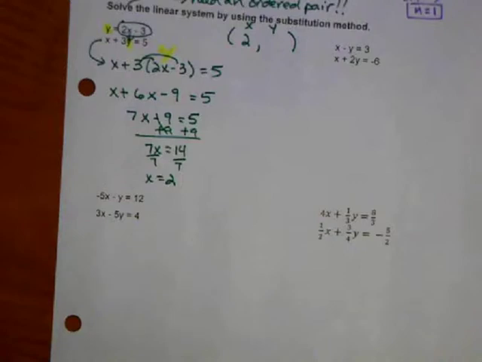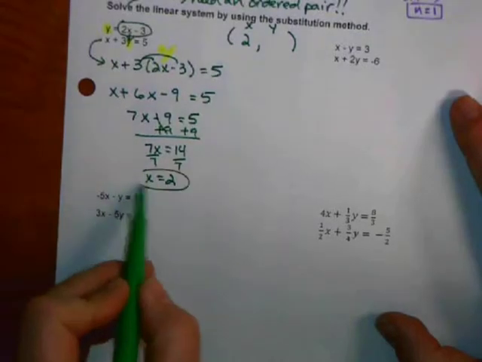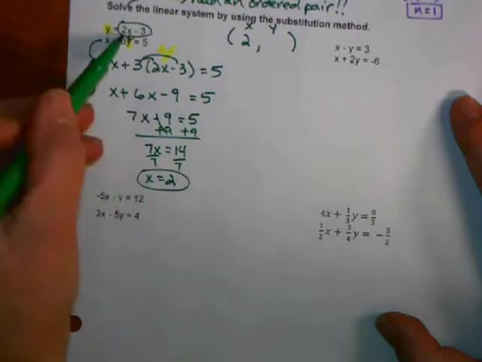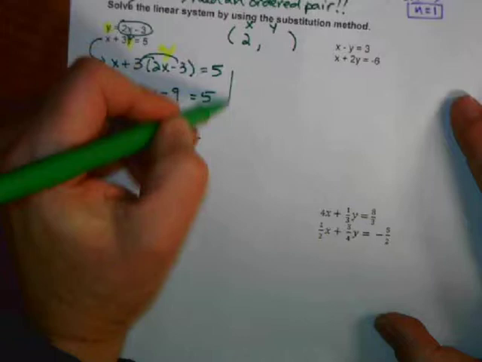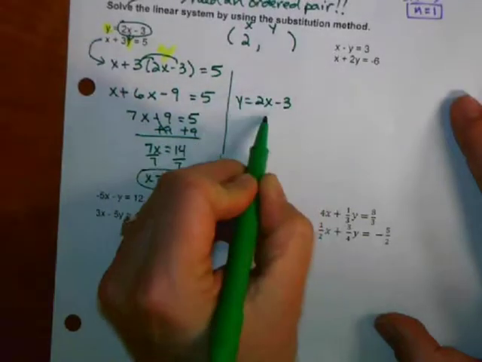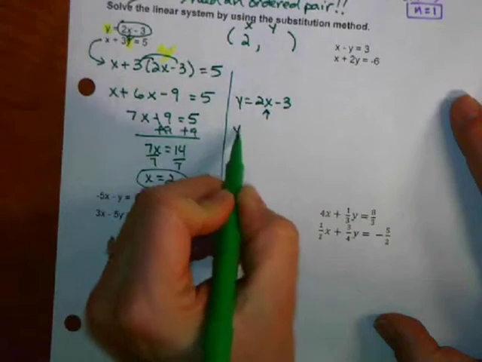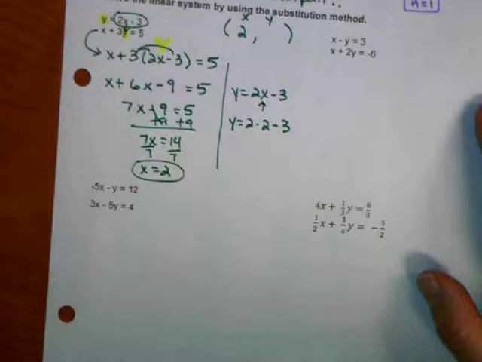I'm halfway. I need y, because I need the point of intersection. So the easiest way is to take the 2 and plug it into one of your equations. It doesn't matter which one. Probably this one's the easiest, right? So I'm going to do that. y equals 2x minus 3. I'm going to substitute in the 2. y equals 2 times 2 minus 3.